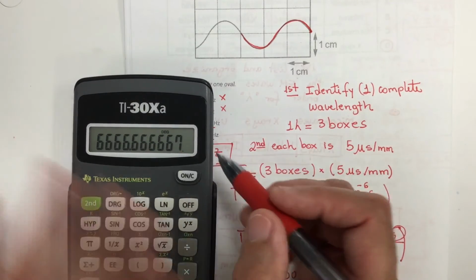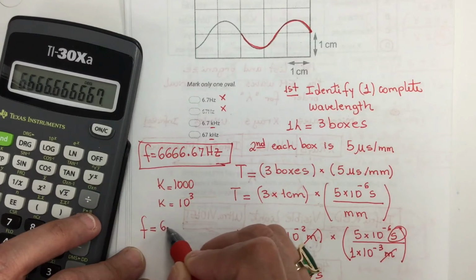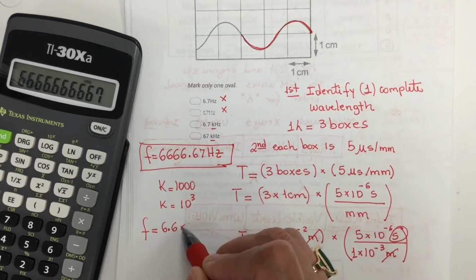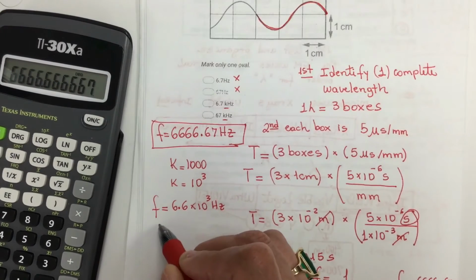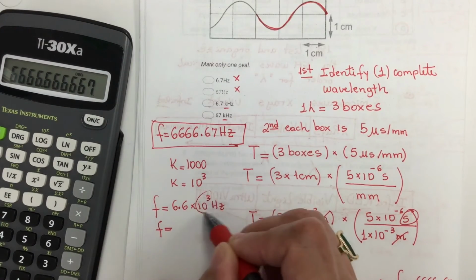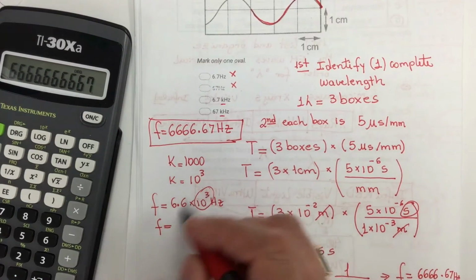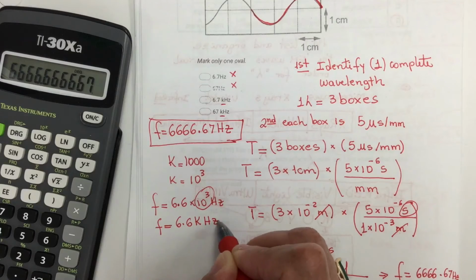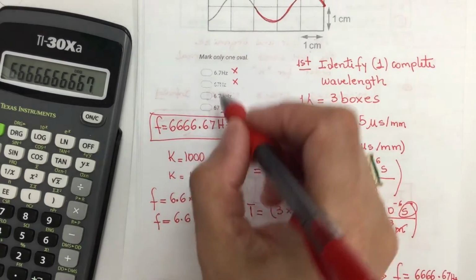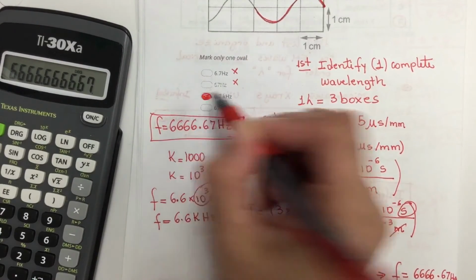So it's 6.6 times 10 to the third hertz, or using the prefix, 6.6 kilohertz, which is this answer right here.